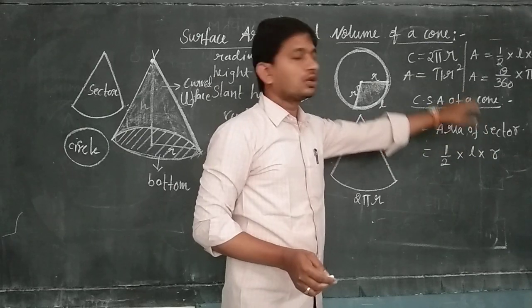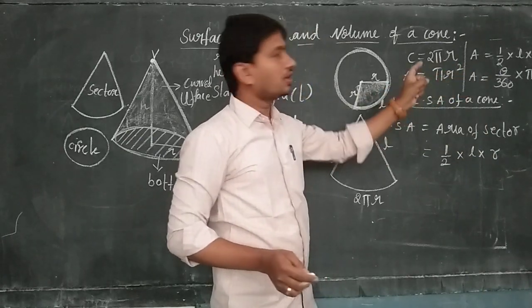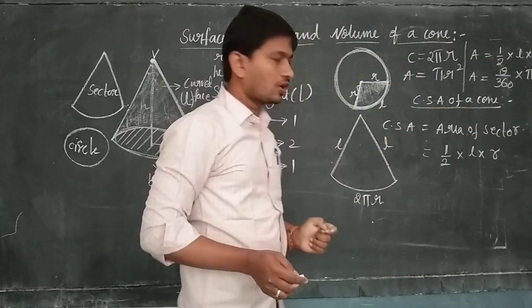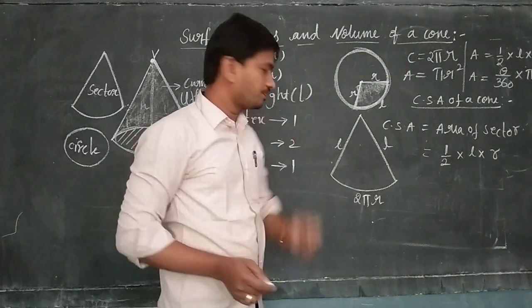Also, if we know the length of the arc, area of sector is half into L into R.